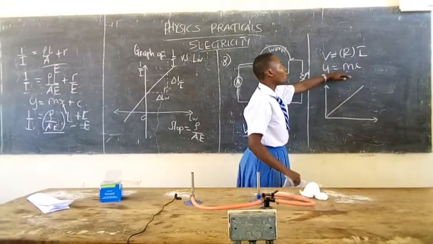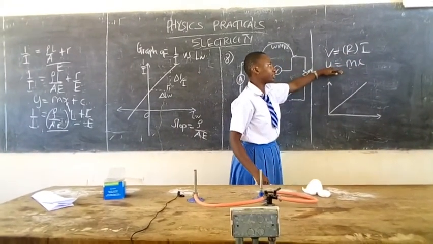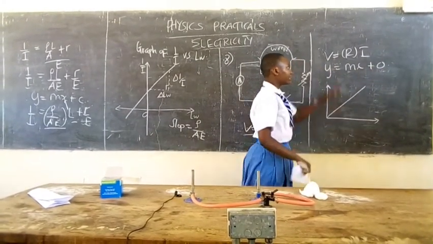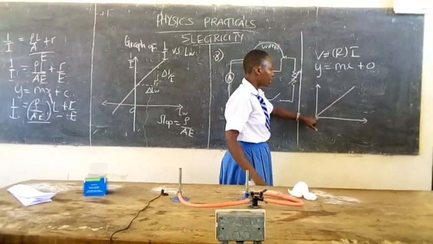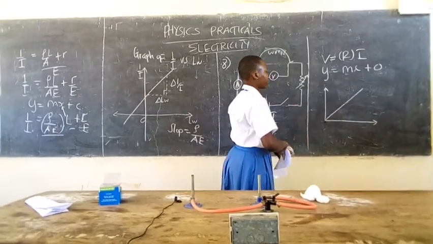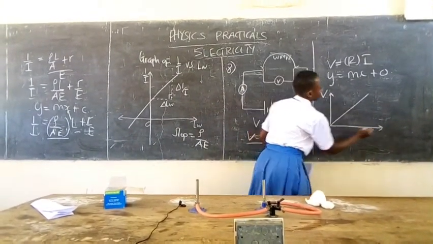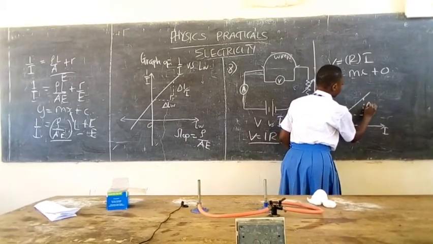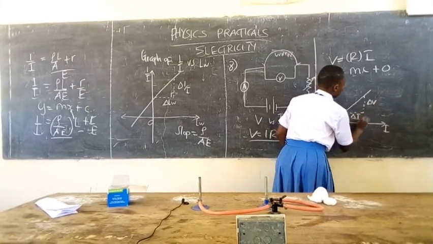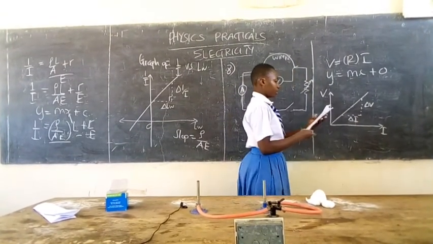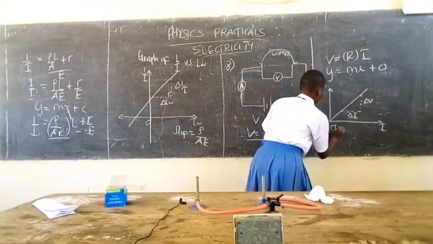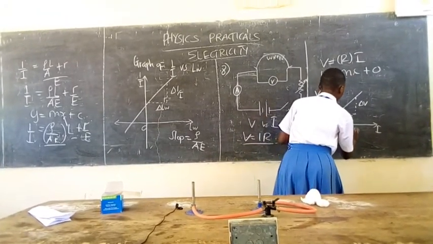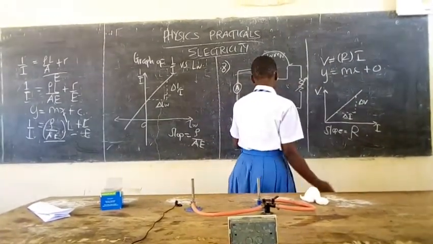From here, we say it does not have a y-intercept, that is, the intercept is 0. That means our graph will pass through the origin. R, that is resistance.